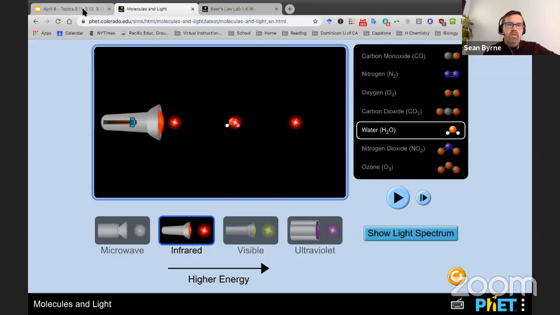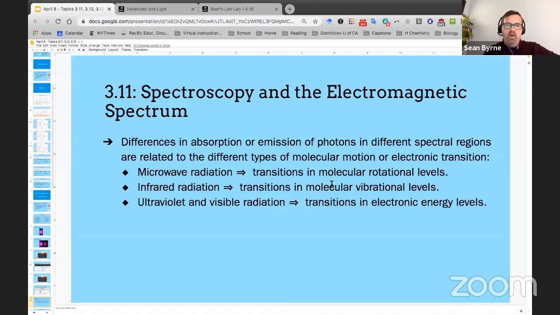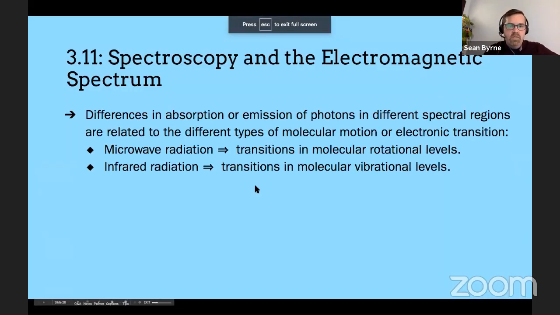So the learning here is that microwaves are causing transitions on rotational levels. That's what we just saw in those molecules. Infrared radiation is causing transitions on vibrational levels, and ultraviolet and visible radiation are causing electron energy level transitions that we were not able to detect, at least in that simulation, but would still be happening.